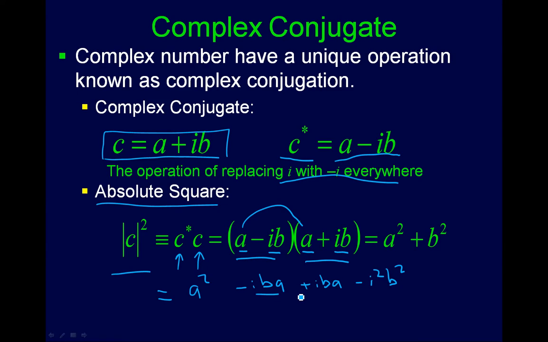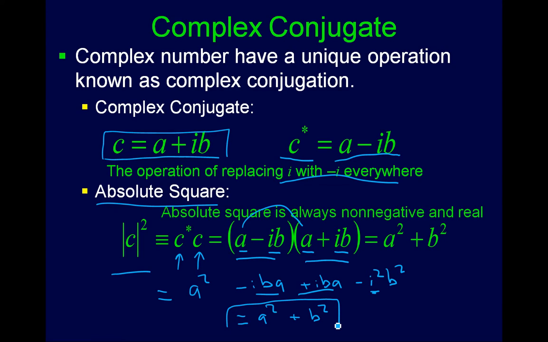So what happens is these two middle terms cancel out, and I'm left with a squared. And of course, i squared is negative 1, so you get negative times a negative, and you get a squared plus b squared. It's pretty important that you agree with this, so make sure you go through and can get this. But what happens is whenever we take the absolute square, it's always going to be non-negative and real.